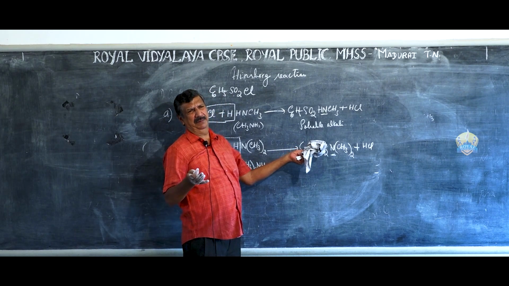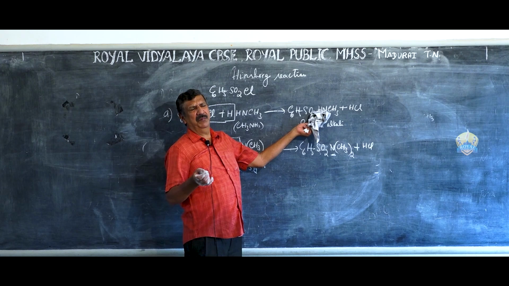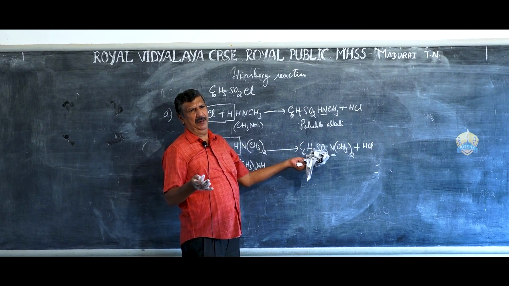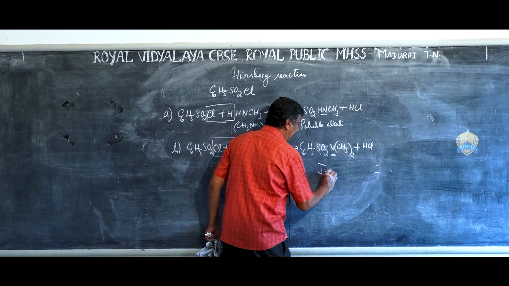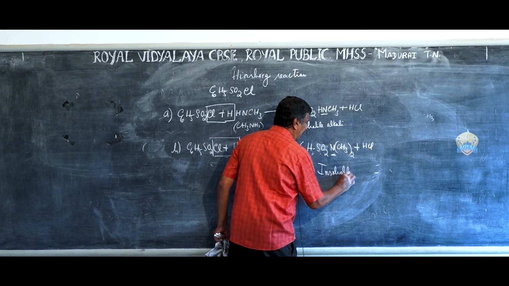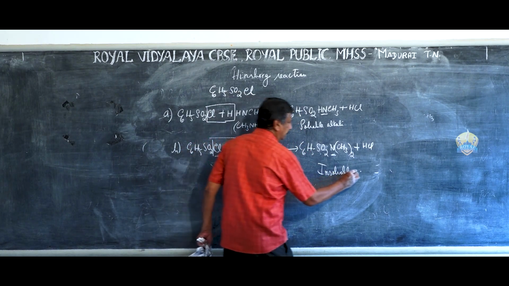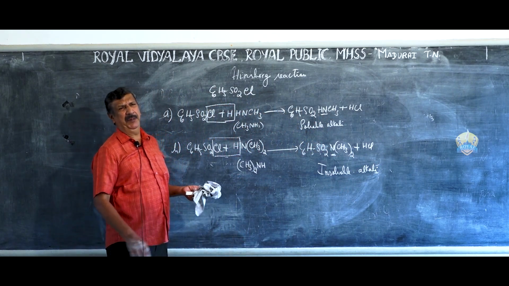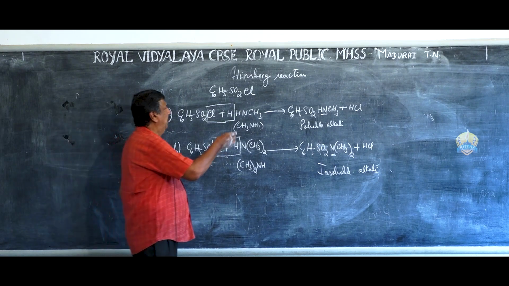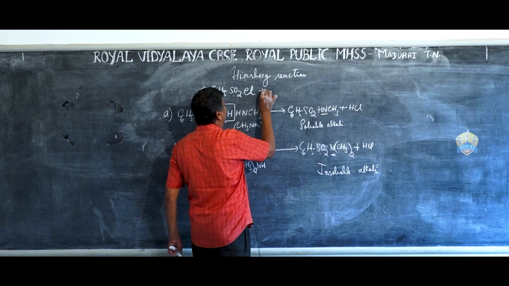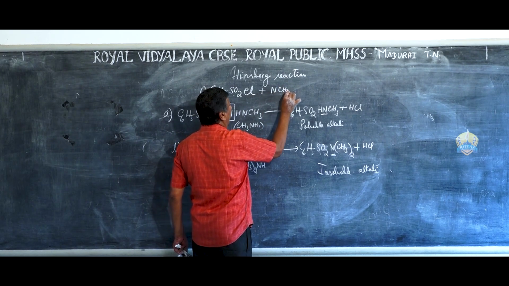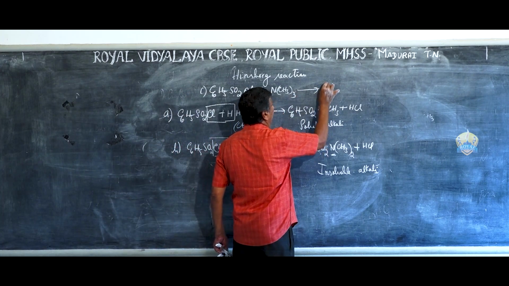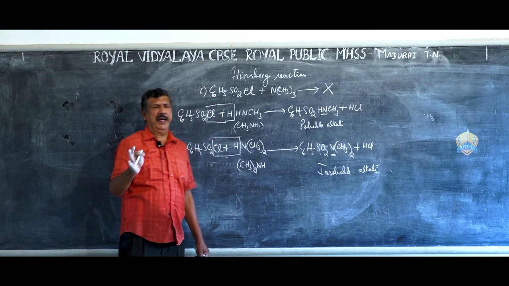N,N-dimethyl benzene sulfonamide. It is insoluble in alkali. Then what about the third one, with the tertiary amine? Since we don't have any hydrogen, there will be no reaction.